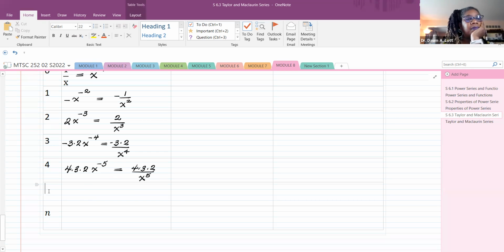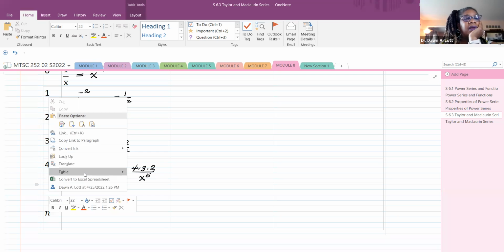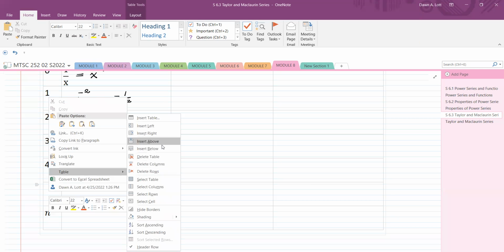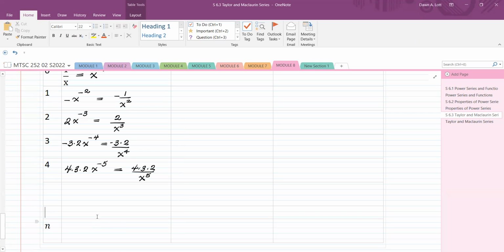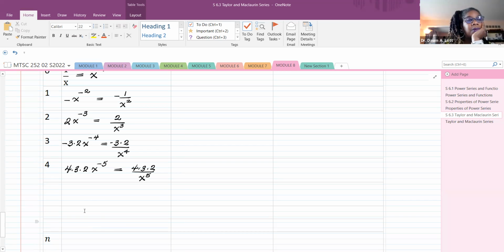Let's add some more space. So let's do number 5. When I do number 5, I get negative 5 times 4 times 3 times 2 x to the negative 6.